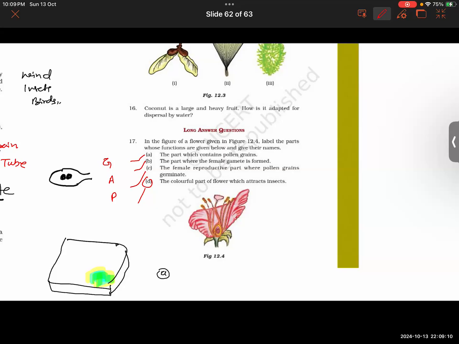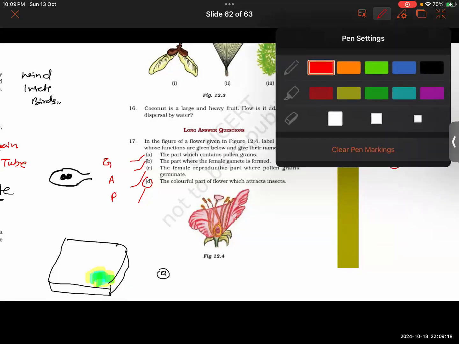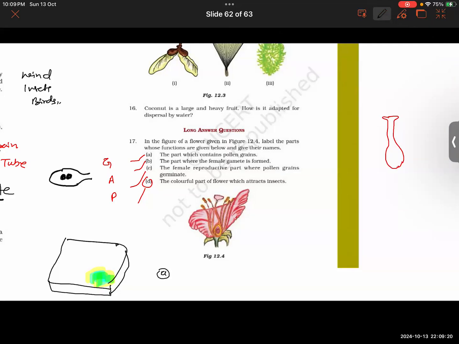We have learned about the different parts of the flower. This central structure in the flower forms the female reproductive system. What is the female reproductive part of the flower called, Priyanka?